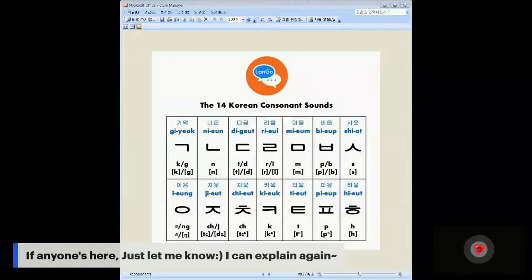And I guess we can move to the next consonant. It's 니은.